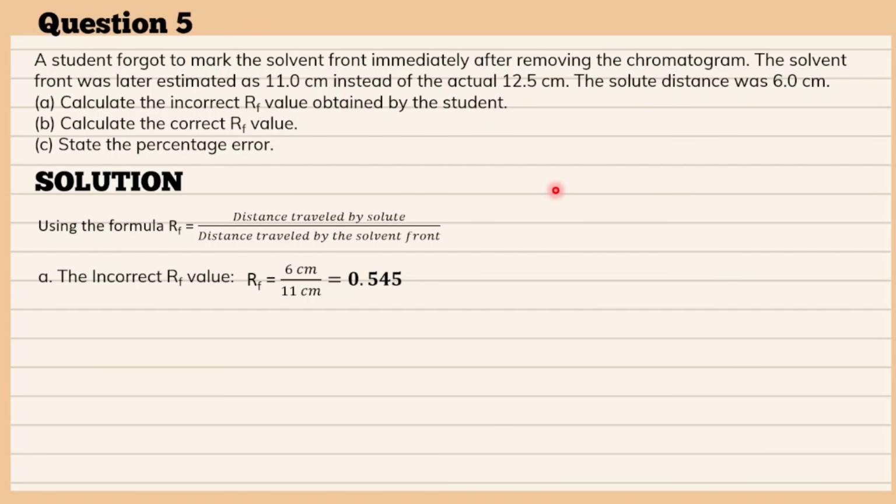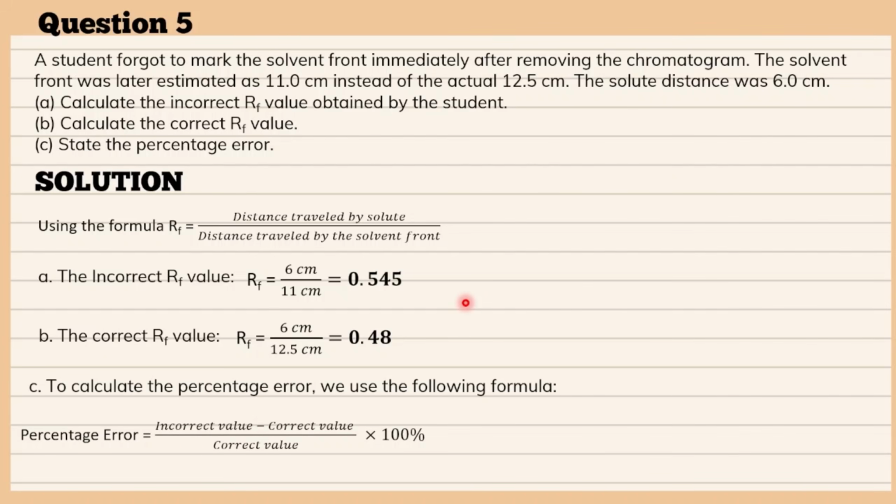That gives us 0.545. So this is what the student got incorrectly. And then the correct RF value, what the student was supposed to get, would have been 6 divided by 12.5 to give 0.48. And next we have to calculate the percentage error.